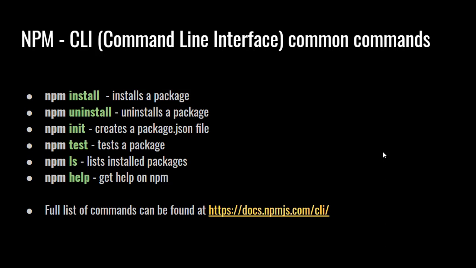npm init creates a package.json file. If you don't know what that is, we'll talk about it a little bit more. Basically, a package.json file is a file that Node will actually look at, and it'll have a lot of dependencies in there. Throughout a project, you may be installing a lot of different types of things at different versions and different types of dependencies.